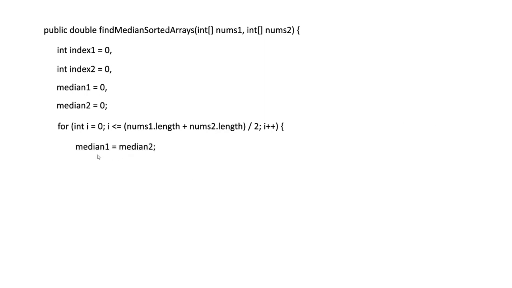We're going to keep everything in sync here. We're going to be working with median 2, but in the beginning we're always going to assign it to median 1. If index 1 equals nums1's length, meaning we've gone all the way through the first array, then we're going to assign median 2 equal to nums2 index 2, and increment index 2, because we still need to parse through the remainder of nums2.